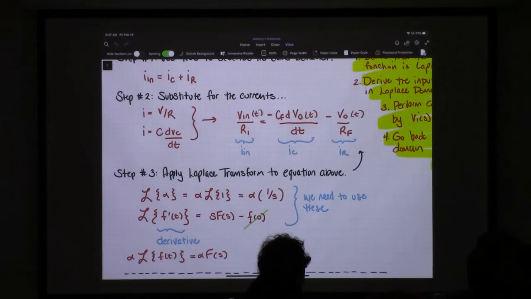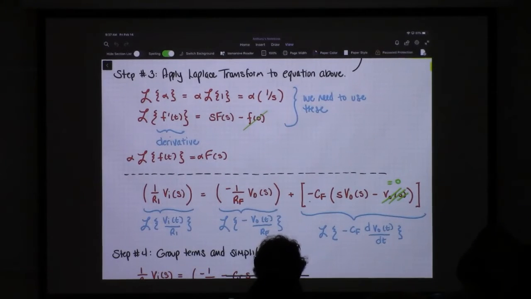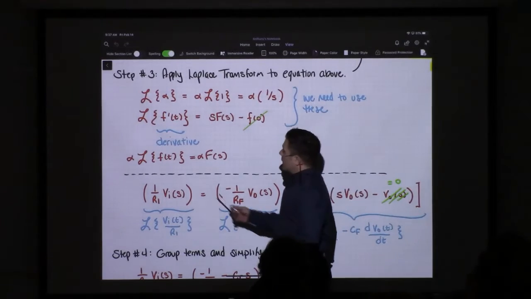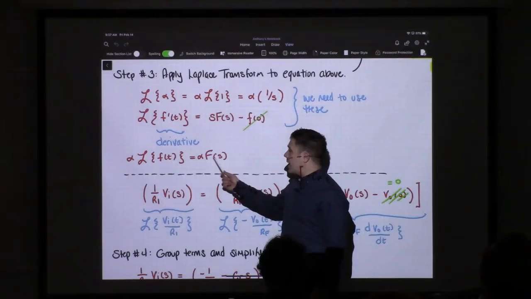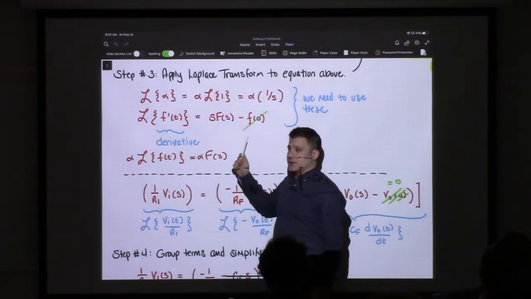We then defined what were the Laplace transforms from the transform table that made sense to use. The most important ones were the most basic, which is what is the Laplace transform of any function in time, and then what's the Laplace transform of a derivative of that function in time.